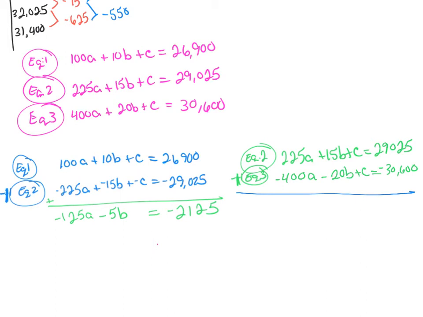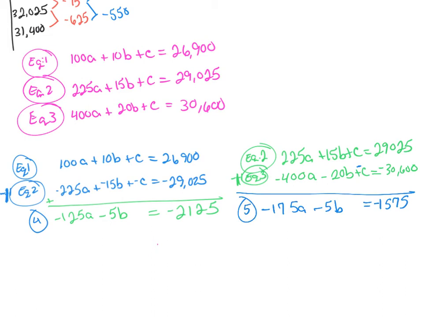We get negative 175a minus 5b, no c's, equals negative 1,575. So we'll call that equation 4 and equation 5.